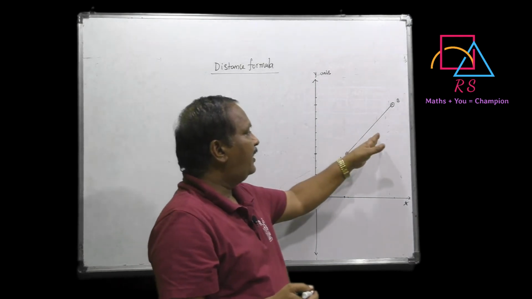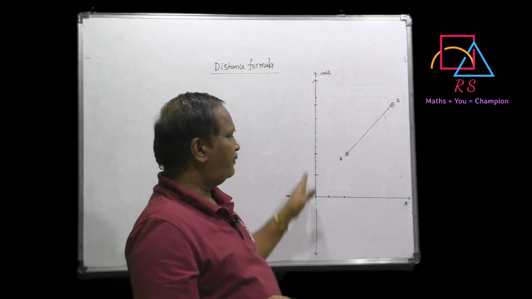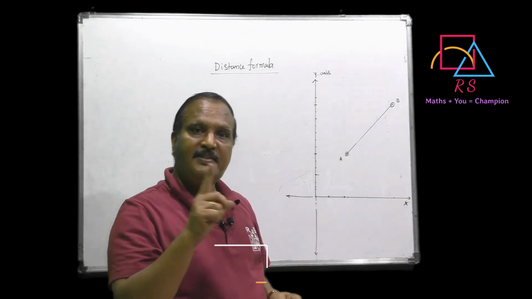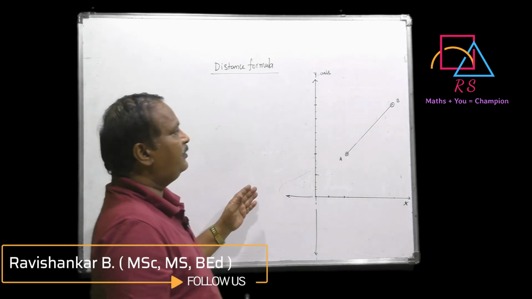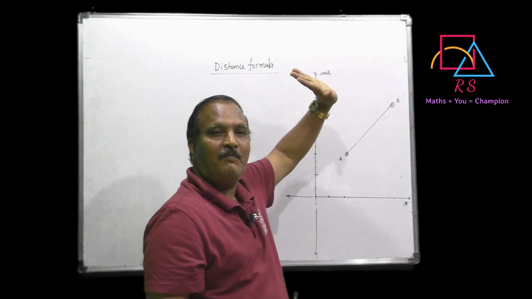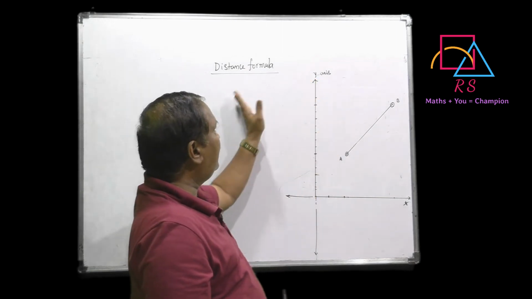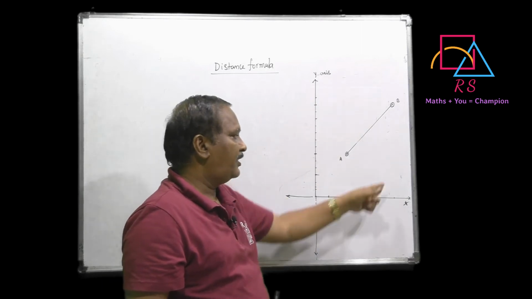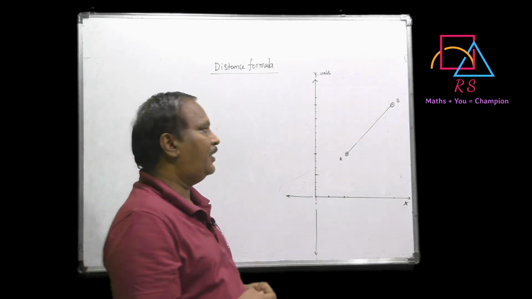So you cannot use the y-axis and x-axis directly. In these cases, we have to use a formula, that is the distance formula. How do we get that distance formula? How do we prove it from the coordinate plane? We are going to learn now.